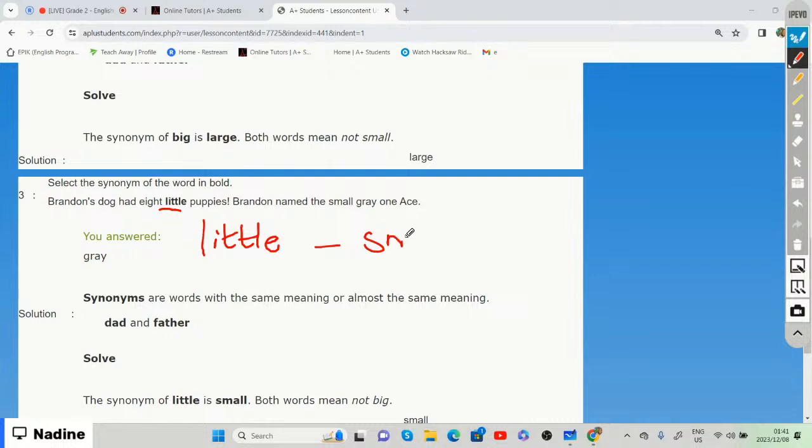We can say small, because they have similar or same meanings. So little and small are two words with similar meaning.